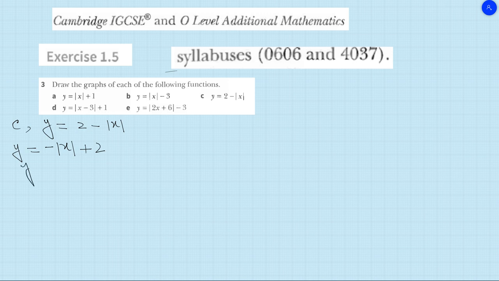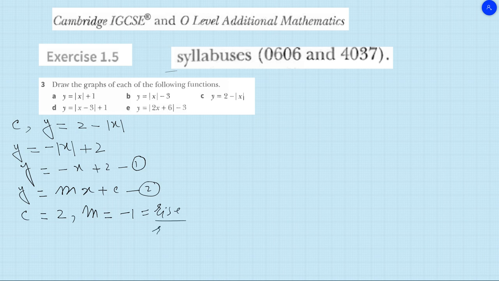y is equals to, write the equation without the absolute sign, minus x plus 2. This is equation number 1. Next, write the standard equation, y is equals to mx plus c, equation number 2. Compare, so you will get the y-intercept is 2, and your gradient is minus 1, because the coefficient of x is a minus sign, therefore we write minus 1.